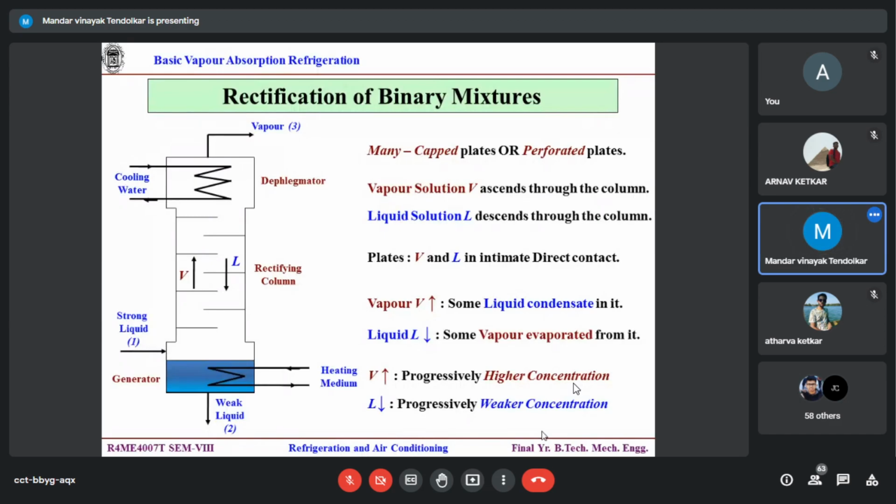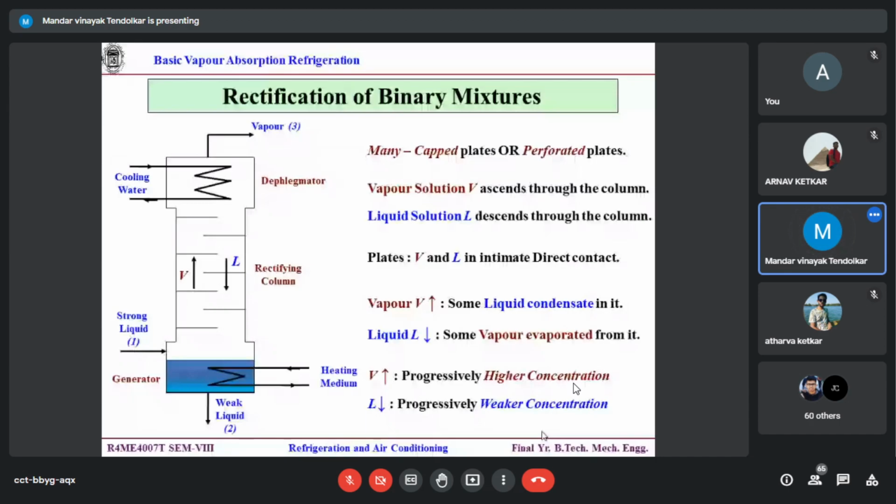And as I had mentioned earlier, the vapor phase progressively in the higher concentration in upward direction, and the liquid that is progressively weaker. So weaker means only one component. Okay. I'm saying component A and B. From that perspective, if you can write like progressively higher concentration for component A, correct?